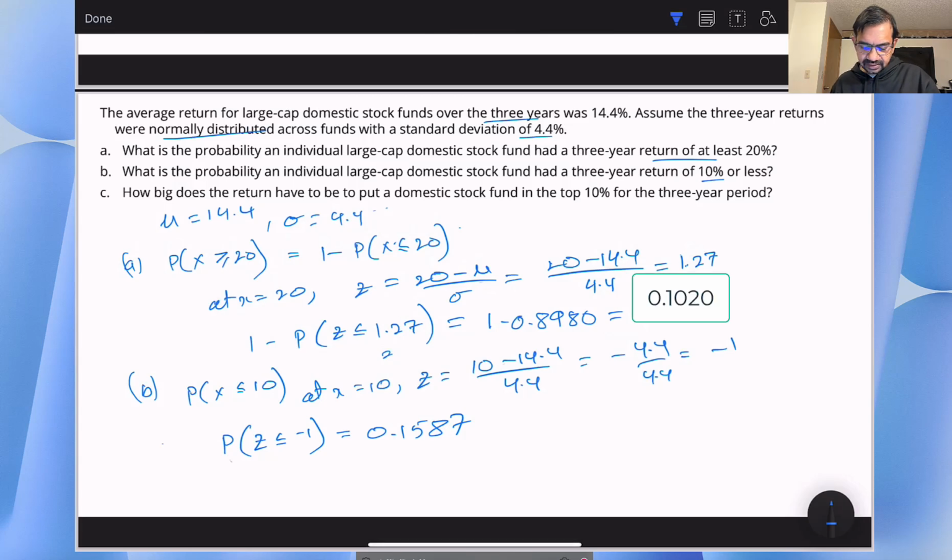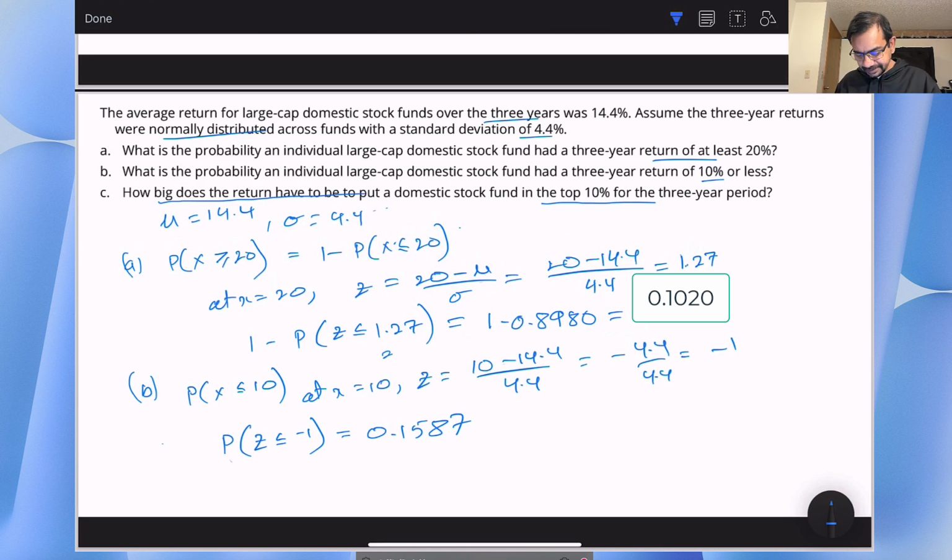Now let's look at the third question. The third question says, how big does the return have to be to put it in the top 10% of all the stocks? So we're looking at the right tail area being 10%, or 0.1. In the previous two questions, we were given the x value, we got the z value, and we found the probabilities.